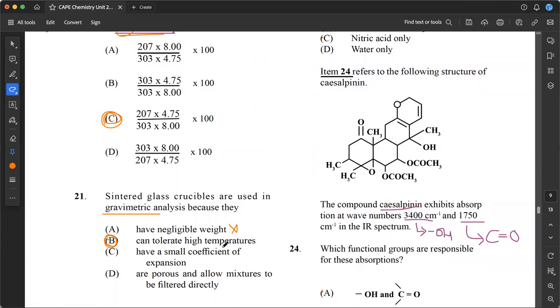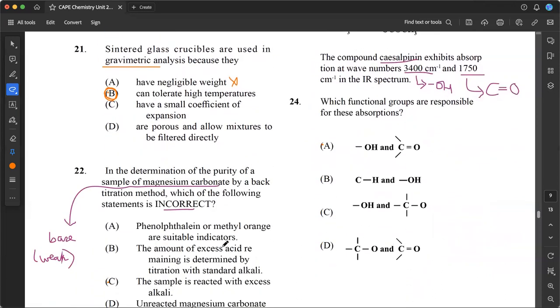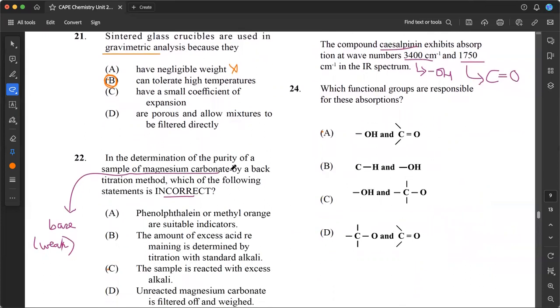So 21 is B. Moving along to 22. 22 says, in the determination of the purity of a sample of magnesium carbonate, which we know is a weak base, by back titration method, which of the following statements is incorrect? So you know that in back titration, you're using an excess of one of your reagents to figure out what the concentration of your unknown is, right?